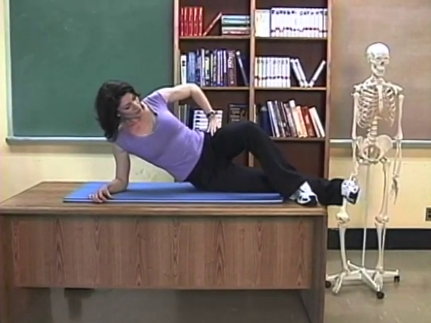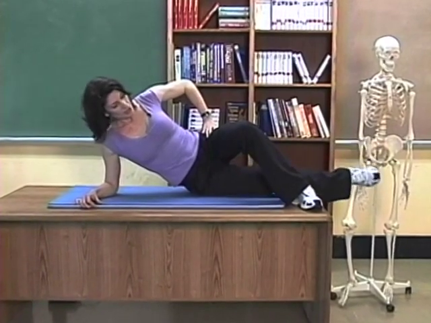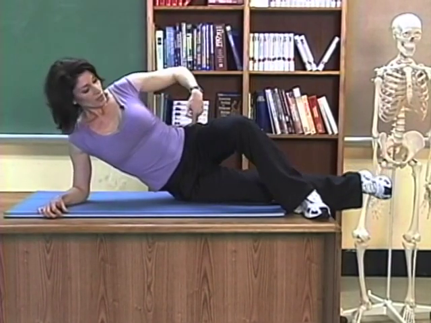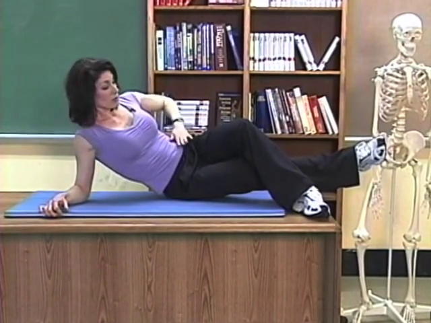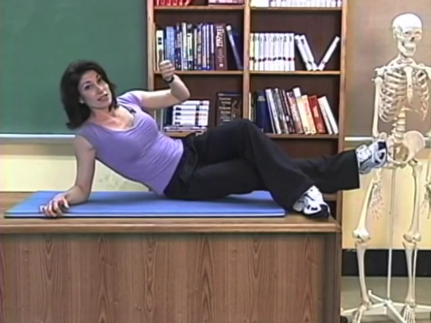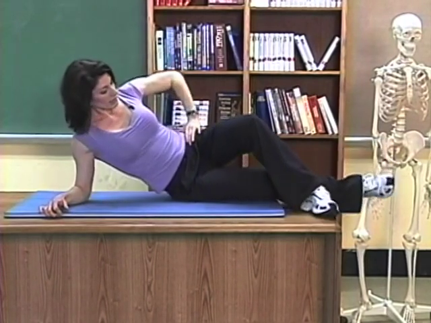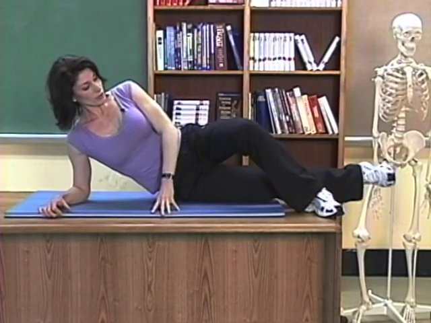Now, the difficult thing about this exercise is keeping the hips stable and neutral. Once this bottom leg starts to adduct, the natural tendency is to roll back so that the hips are more rotated and now facing the ceiling, which is incorrect. We want to keep the hips stacked one on top of each other and just perform true adduction of the thigh.